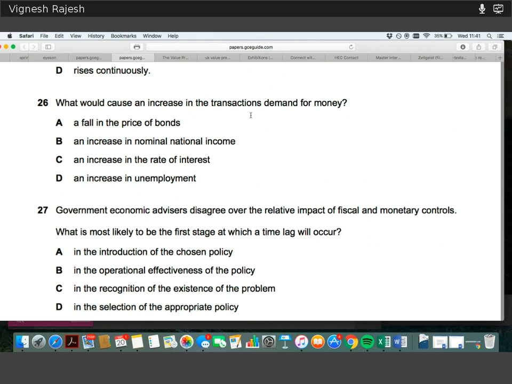So the transactions demand links to income. The other component, the speculative demand for money, is the return that can be earned on instruments like bonds and stocks, compared to cold hard cash. So that's why it's not an increase in the rate of interest. Transaction demand is to do with income, so the answer is B.